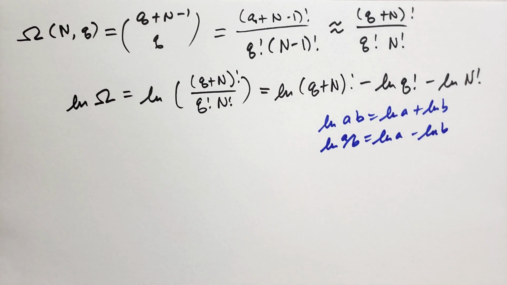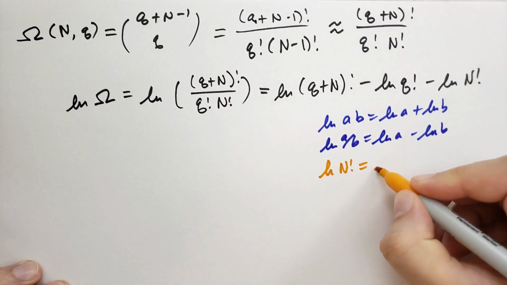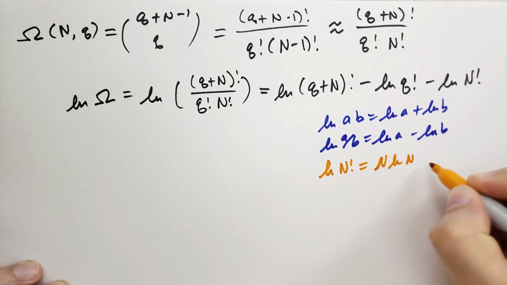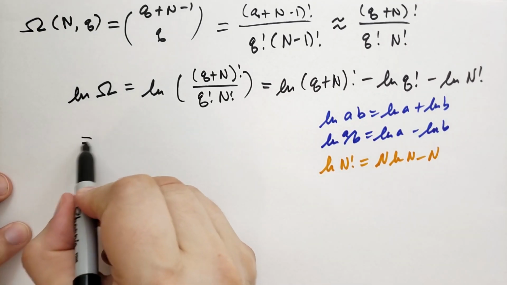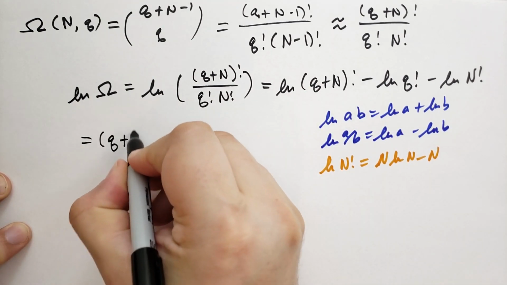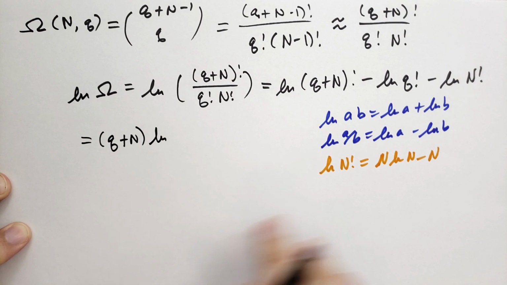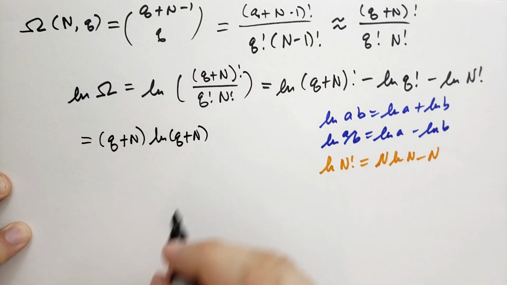We're going to use the approximation for very large numbers, the approximation being that log of n factorial is equal to n log of n minus n. And so this is going to reduce down to, well, we take this one, so we get (q plus n) times log of (q plus n) minus (q plus n).